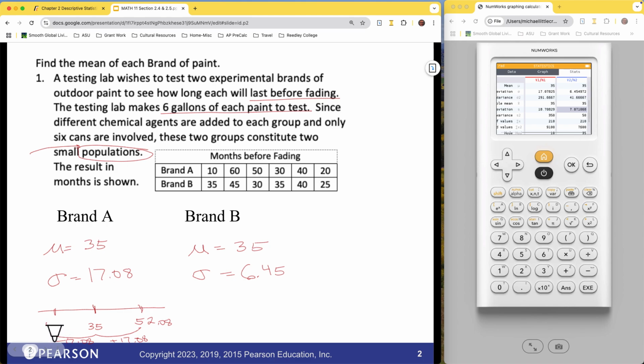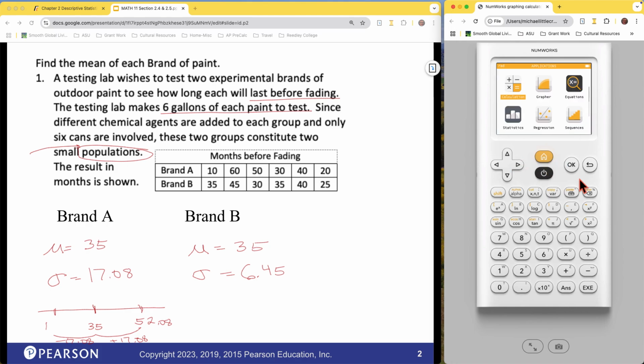Let's just do it real quick. We can always come back to our calculator. 35 minus 17.08, and that's 17.92. Okay, that's what I was thinking. We were about 17.92.